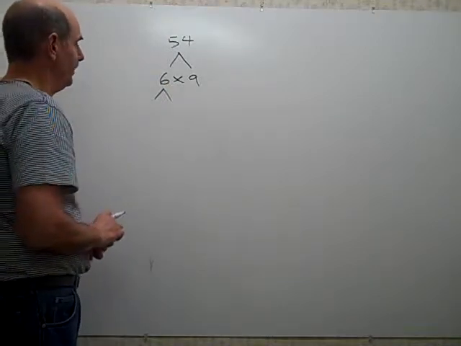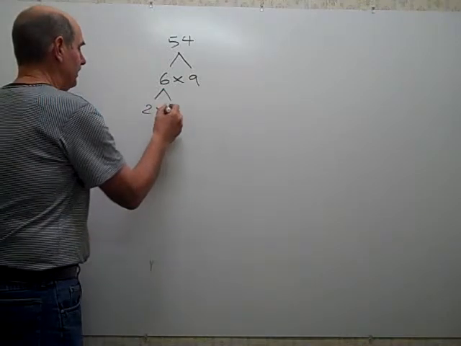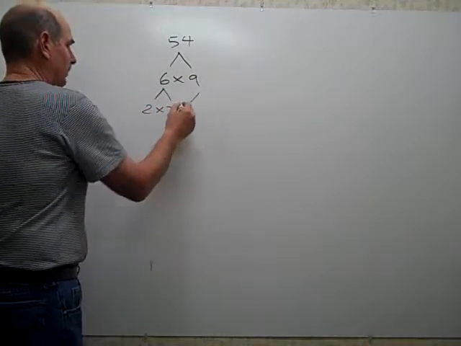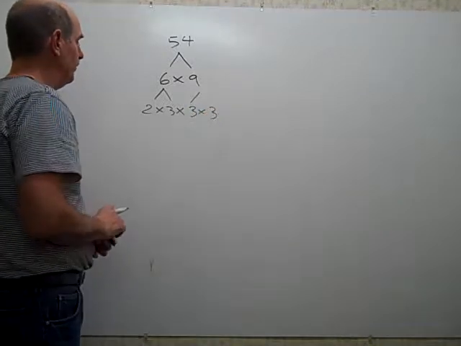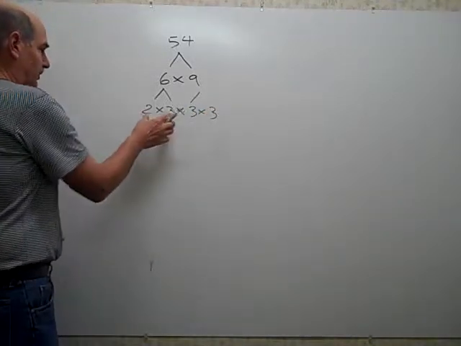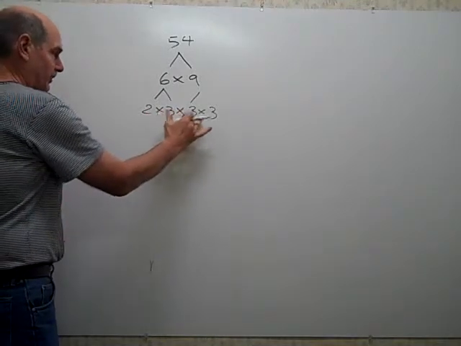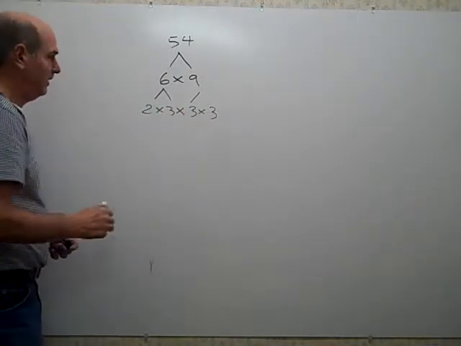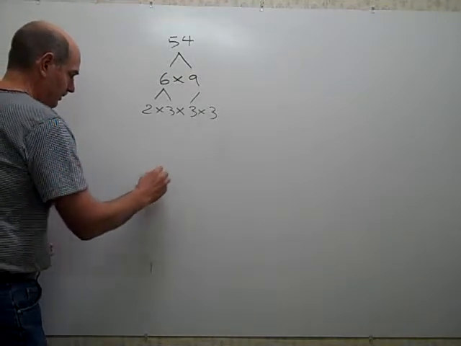We're almost done here. What do you multiply together to get 6? 2 and 3. And then 9 would be 3 times 3. So this would be 2 times 3 is 6, 6 times 3 is 18, and 18 times 3 is 54.